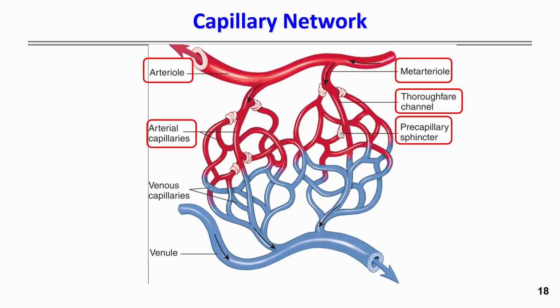What you see here on this diagram are what are called precapillary sphincters. These are rings of smooth muscle that, when contracted, will regulate the flow of blood through these vessels.